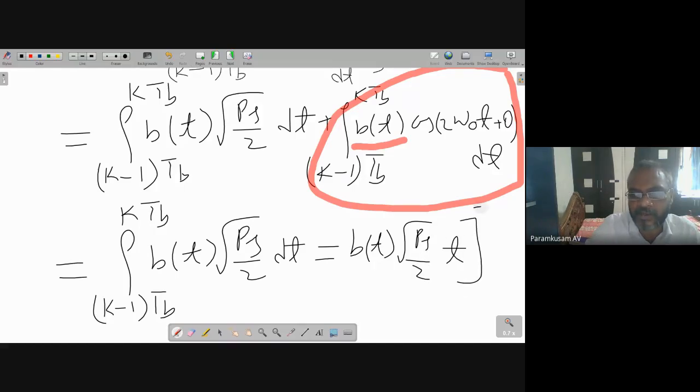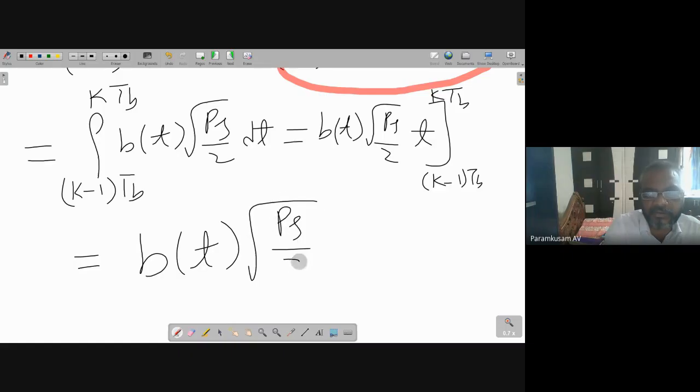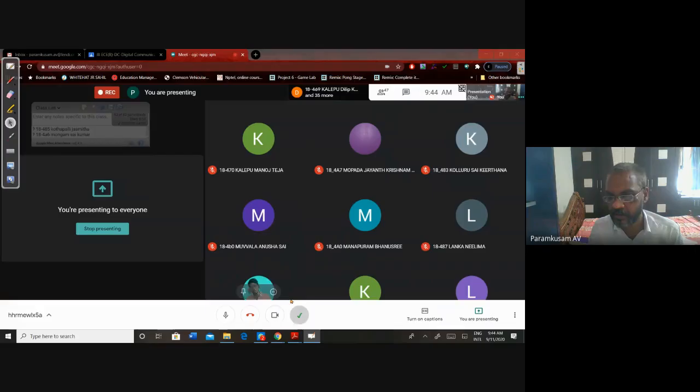You apply the limits k-1 tb to ktb. So then, if you apply the limits, ktb minus k-1 tb is equal to tb. So this is equal to b of t into root over ps by 2 into tb. Okay, so this is an expression for the output of the integrator.